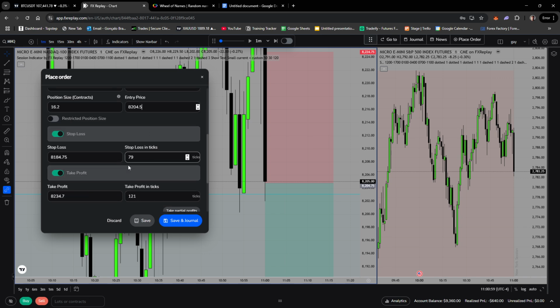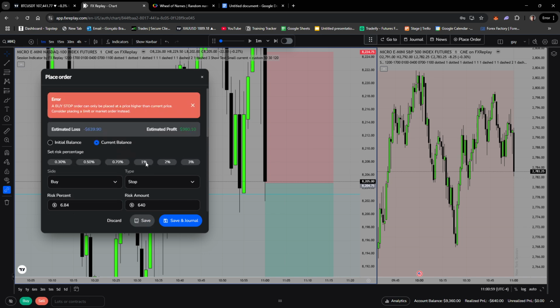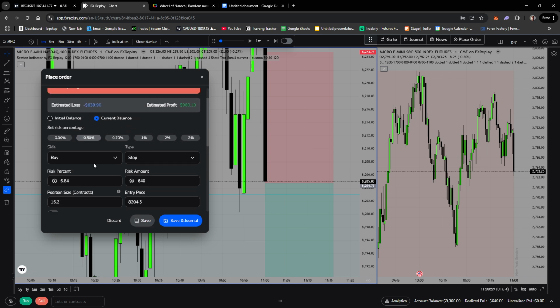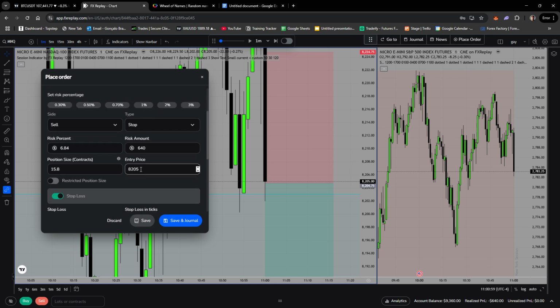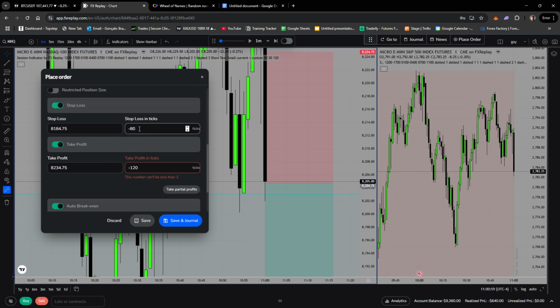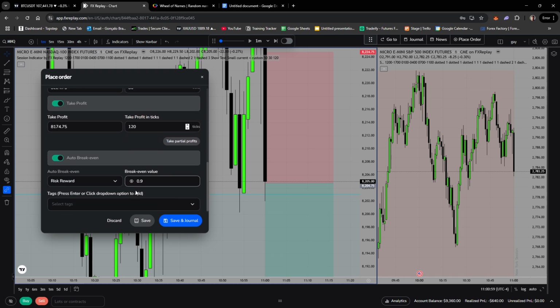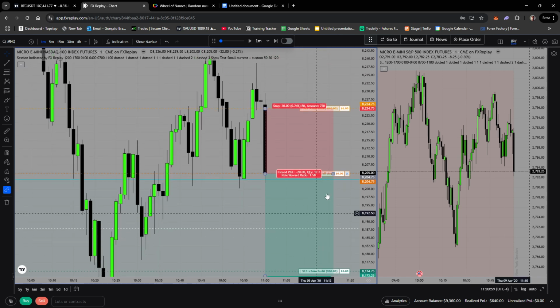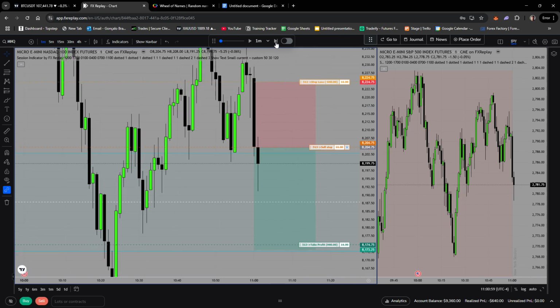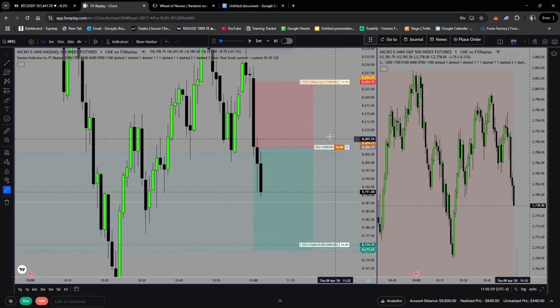Okay. Sell stop, sorry. 80, 20. Risk free.